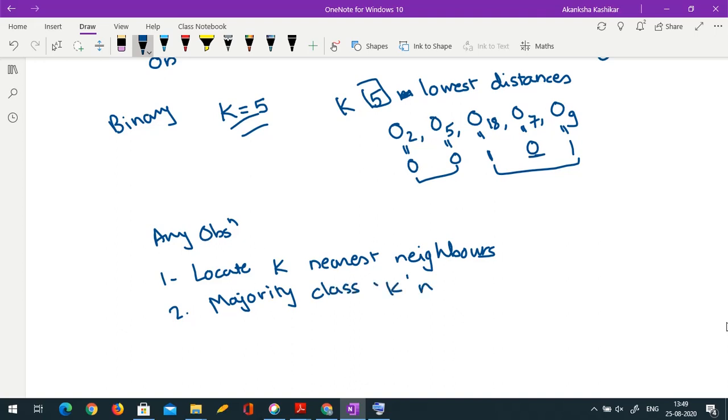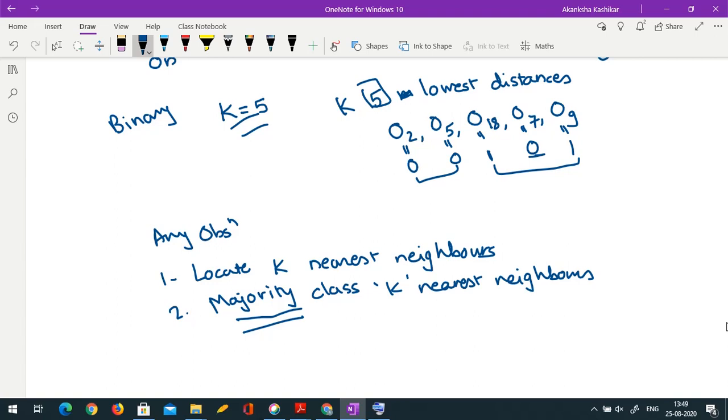If we are in the binary setup and if we take k to be odd, then we would always get a majority class. There won't be any question of ties. That is the reason why generally in the binary setup k is taken as odd. Because if I take k even, then it may happen that we get an equal number of neighbors in either class. So we'll have to choose randomly in such a scenario.